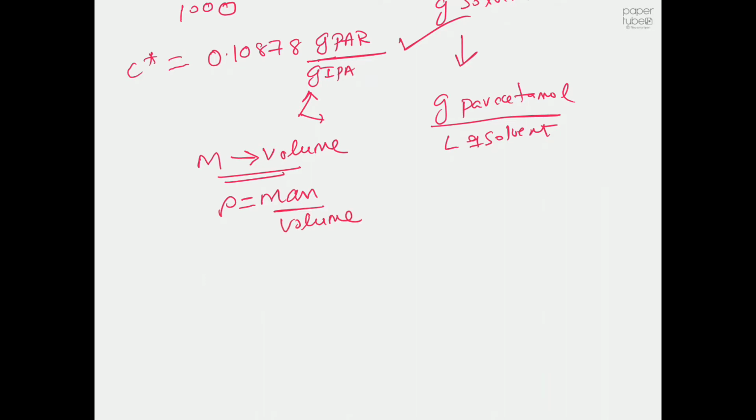So if mass is expressed in grams, volume in liters, and we have the density expressed in grams per liter, then we can calculate the volume. Volume will be nothing but mass divided by the density of IPA.